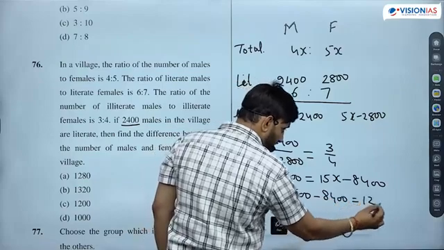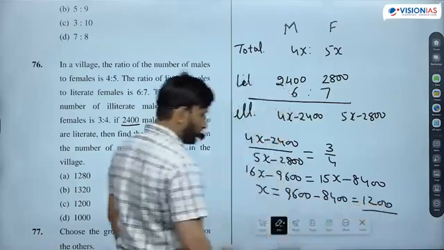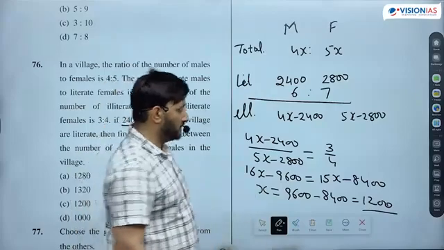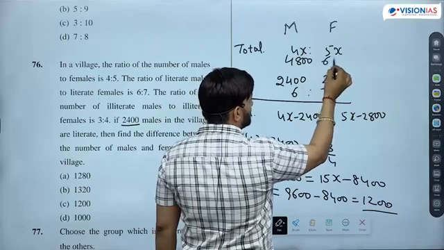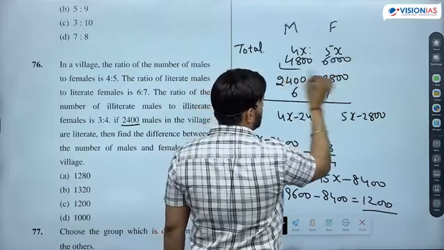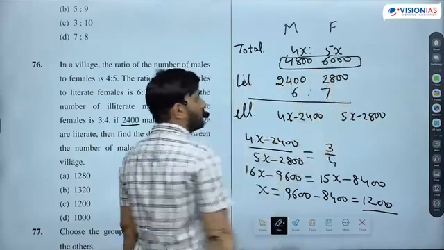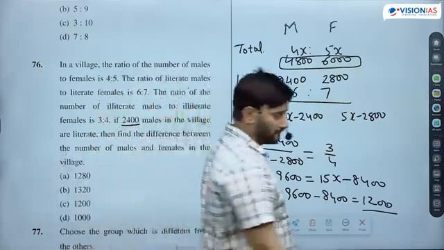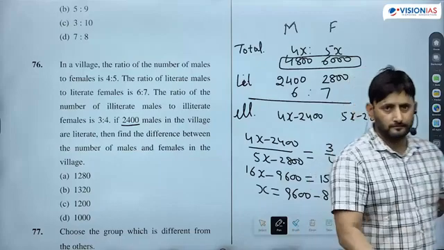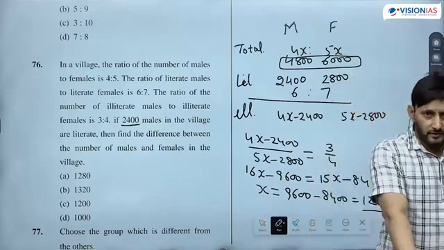What is the difference? 1200. x is 1200. So 4800 male and 6000 female. What is their difference? 1200. We have to find their difference. 1200. ठीक है बच्चे? Any confusion?